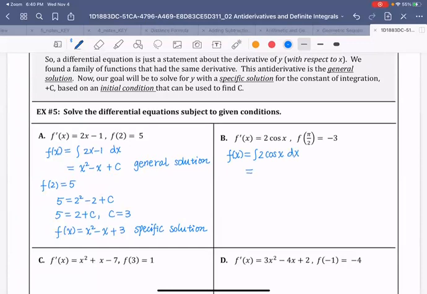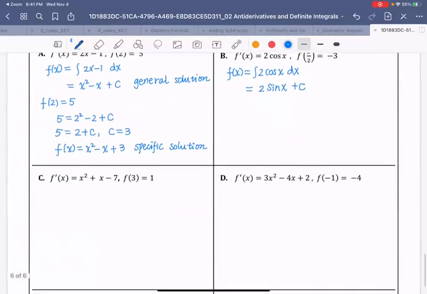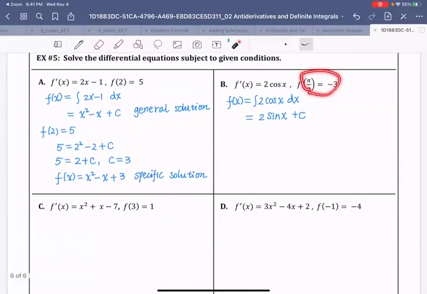That equals what? Sine, 2 times what? Sine x. Yeah, plus capital C, right? Now let's plug in the initial condition.